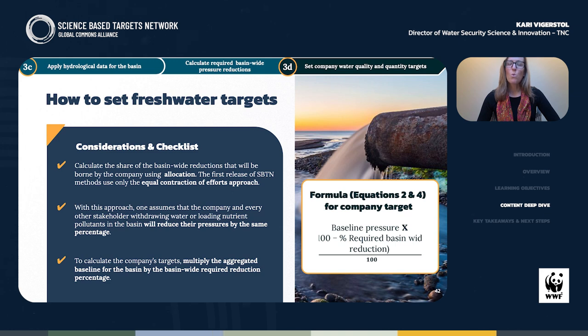With this approach, one assumes that the company and every other stakeholder withdrawing water or loading nutrient pollutants in the basin will reduce their pressures by the same percentage. To calculate the company's targets, we multiply the aggregated baseline for the basin by the basin-wide required reduction percentage. So the company target equals baseline pressure times required basin-wide reduction.